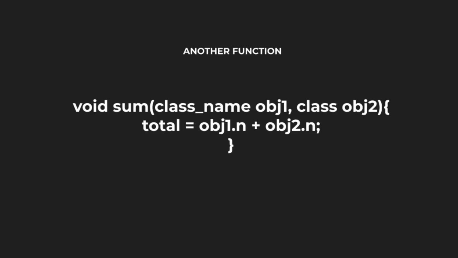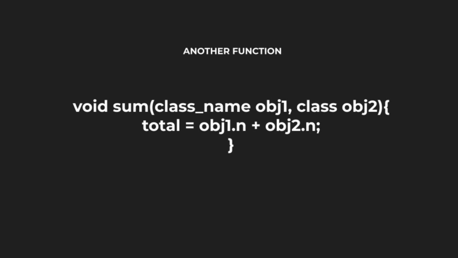Now in the class, we will create another function named sum, having return type void, and it will take two objects as arguments. We declare the data type of these objects, which is obviously the class name, and then we type the name of the object. However, keep in mind that these objects can be named anything, and the names need not be the same as those we declare in the main function.